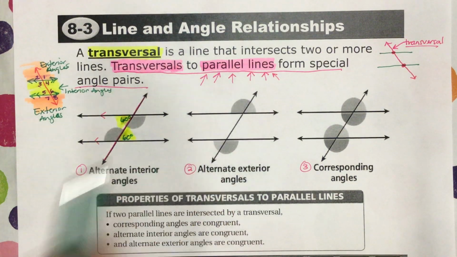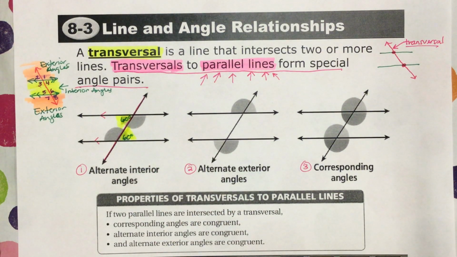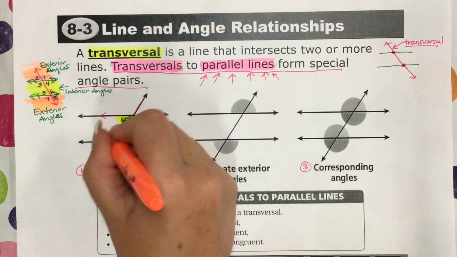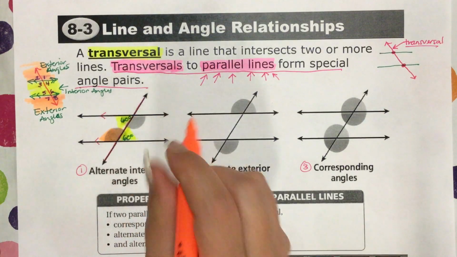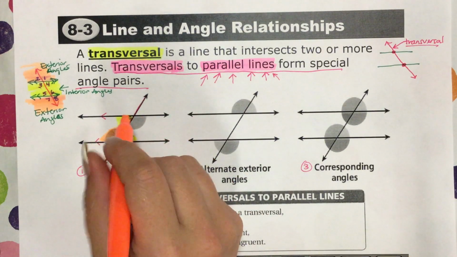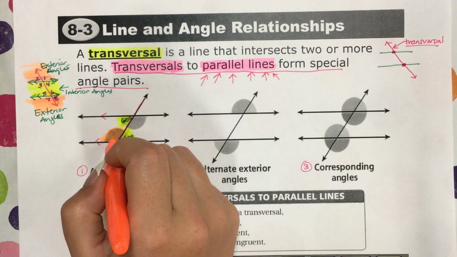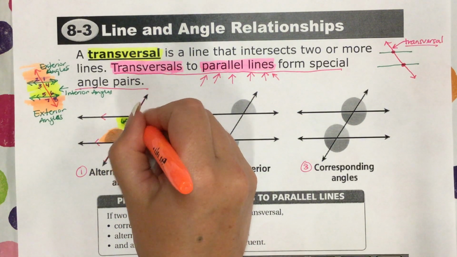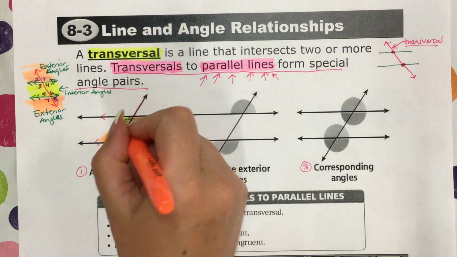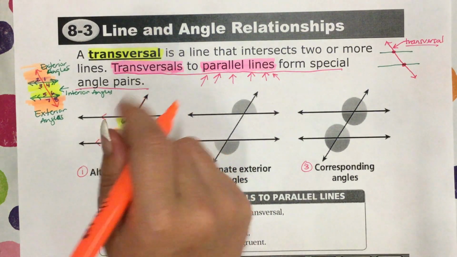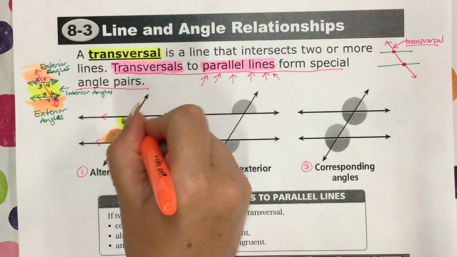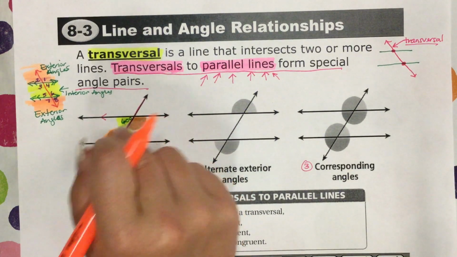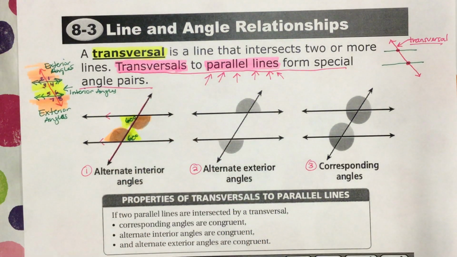There's one other pair. This one right here. This angle is also an interior angle. And guess what its alternate interior angle is? It would be this one right here. This is the only one that's inside the parallel lines, and it's on alternate sides of the transversal. These are alternate interior angles, and they are also the same.